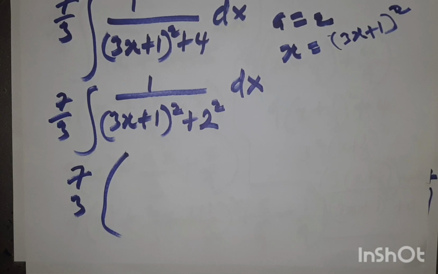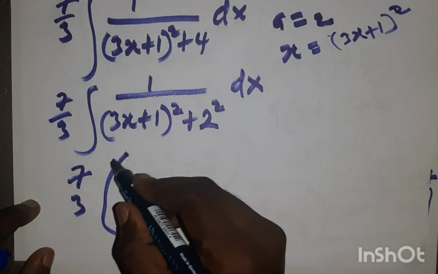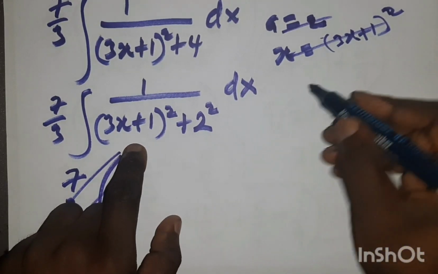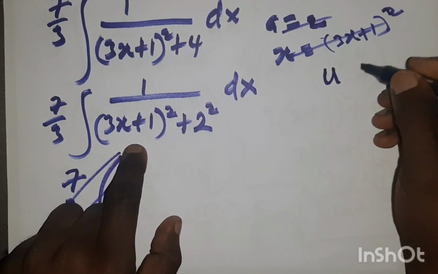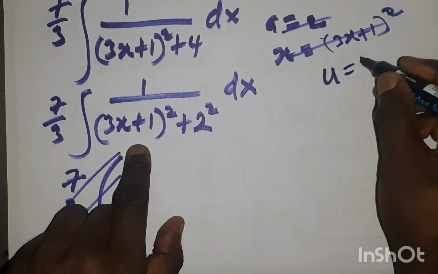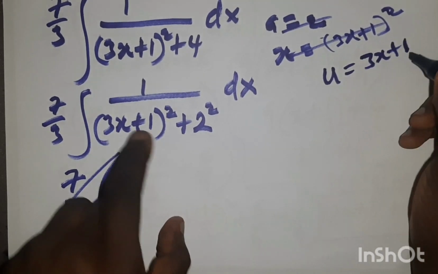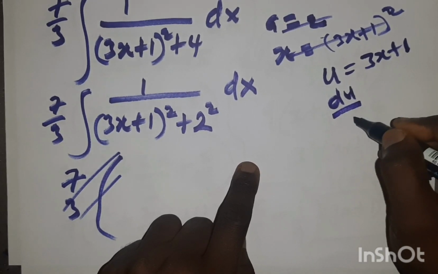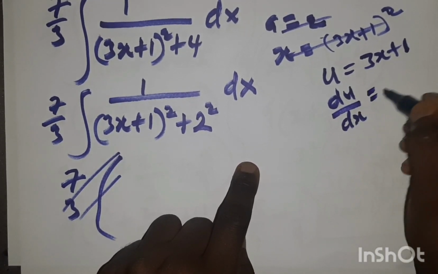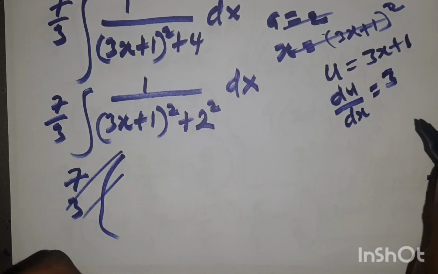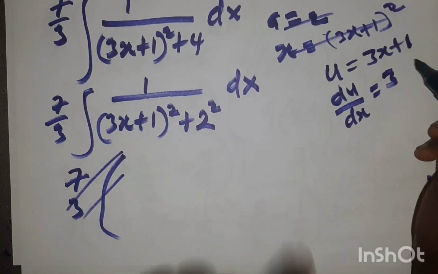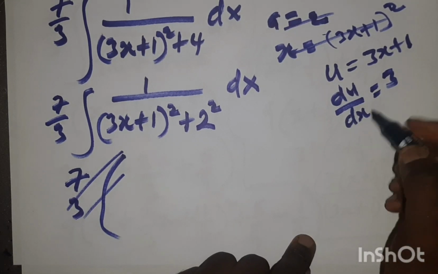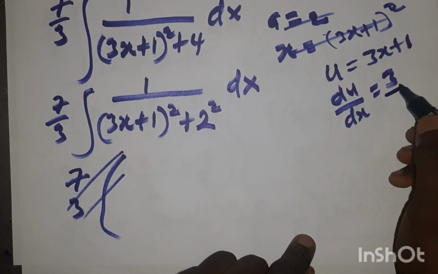But before even applying the trig substitution, I could still further resolve this. I can make this my u. I think that's the best bet. So before I even apply the substitution, I can make this one my u. So u equals 3x plus 1, and then du/dx will now be equal to 3, and then this one is 0. Treating this as a fraction, I can cross multiply.